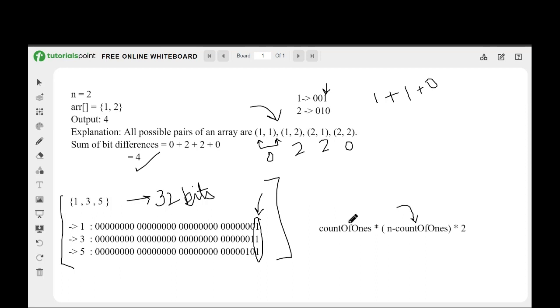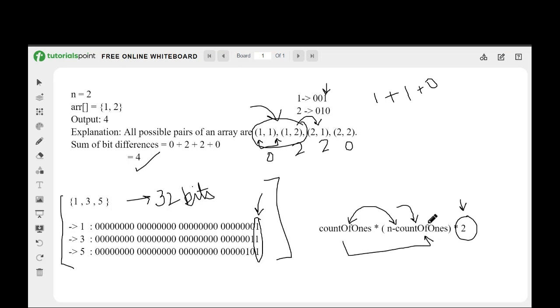So if you multiply these two you will get the product of all the combinations of these pairs, and we multiply by 2. Why? Because if we are considering 1 comma 2, we are also considering 2 comma 1. So to get all these pairs in a single unit and find the sum in a single unit, we are just multiplying it by 2. What it basically means is that we are considering this product two times.